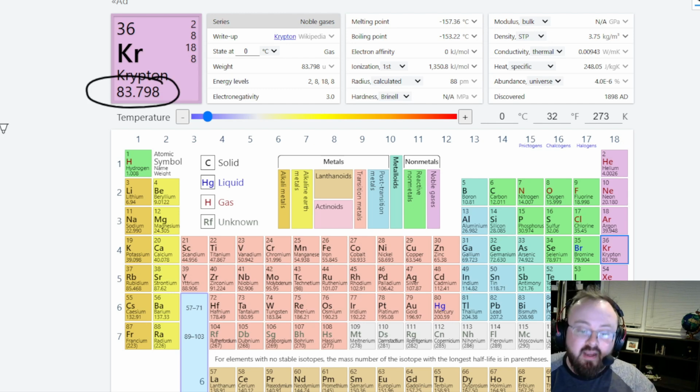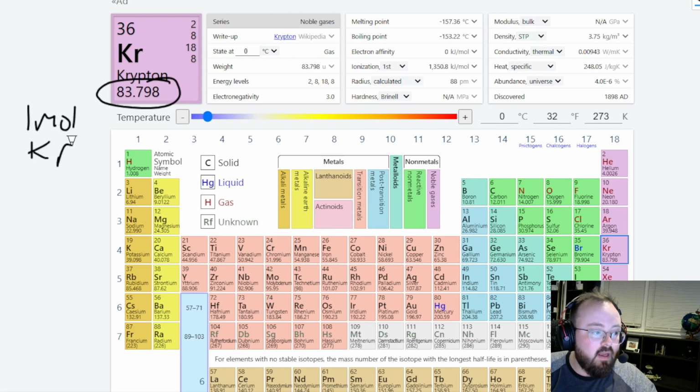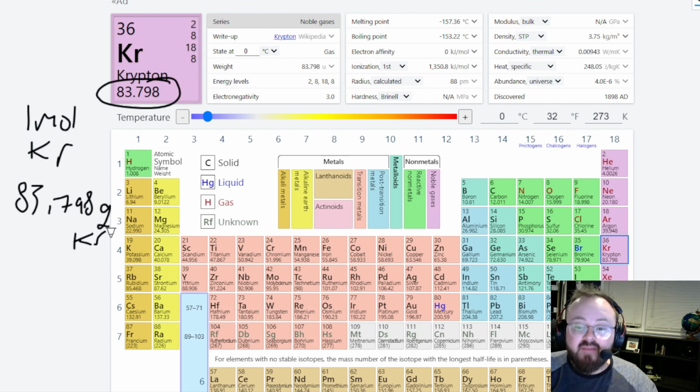In my slides, I go through a lot of the math around this, but let's simplify here. What this means is that if I have 1 mole of krypton, then the mass of those krypton atoms is exactly 83.798 grams of krypton. That's the relationship that we have experimentally found. And that's how the mole is defined, actually. It's the mass of a carbon-12 atom.